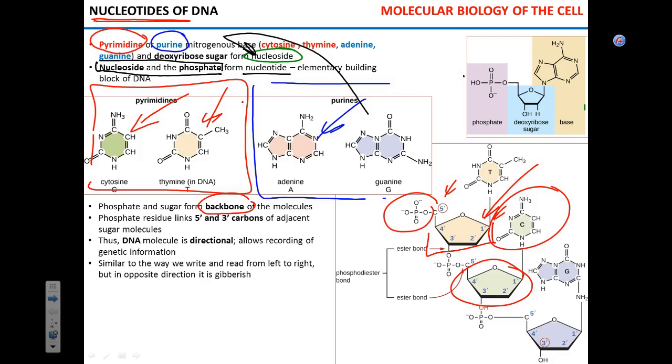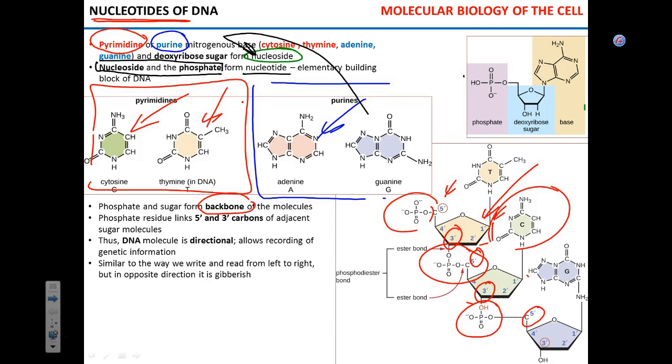Now, you may notice that this phosphate residue links the 3' carbon of one sugar and the 5' carbon of another. And the phosphate residue here also links the 3' carbon of one sugar and the 5' carbon of another. Does that make sense to you?